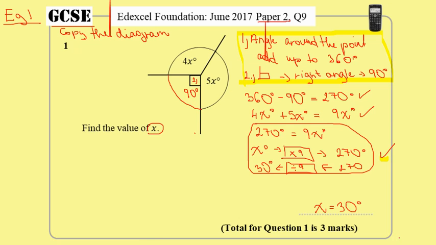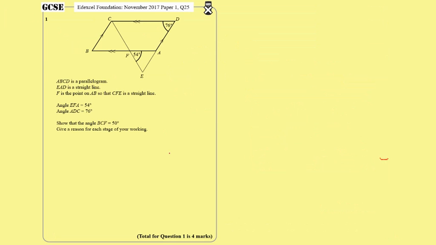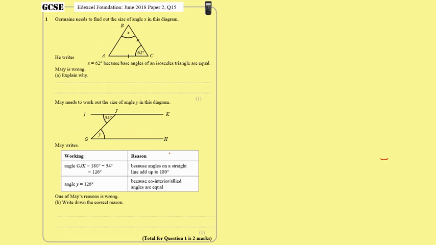Okay, I'm going further, guys. Hopefully you finished copying it down. Now this one we did already when we talked about angles in quadrilaterals yesterday, so we don't do this one.